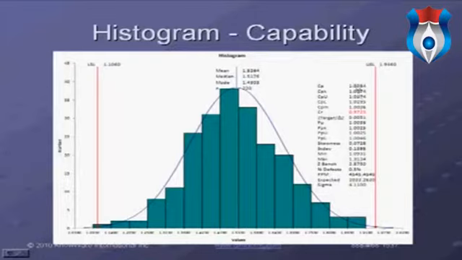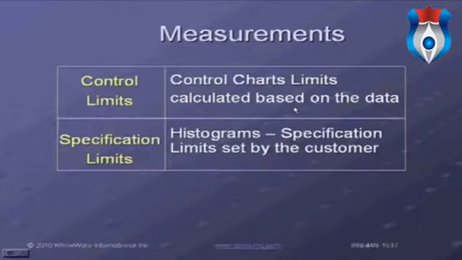Anything with a value of 1 or greater means we're capable, but it may not be as good as we would like. And then there are other metrics like PP and PPK, which should be close to CP and CPK unless there's a problem.